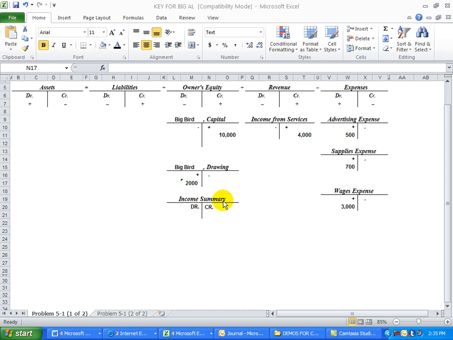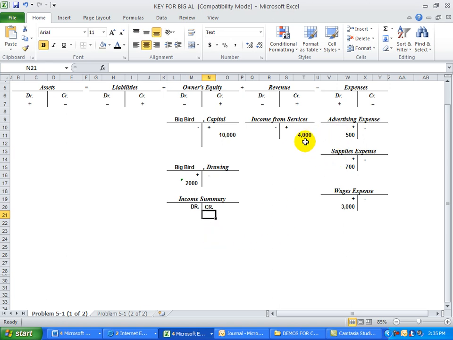But income summary is an account that does have a debit and credit side, but it does not have a plus and minus side. So what we end up with is the total expenses on the debit side and the total revenue on the credit side.